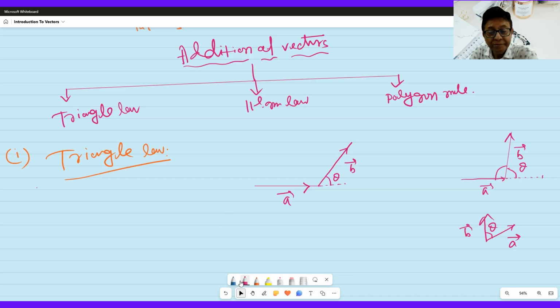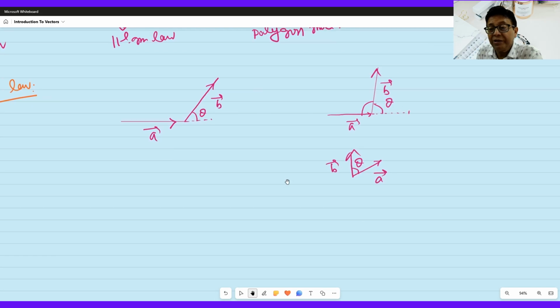Am I clear? So I'd like to take one more example here, because otherwise it can give you trouble. Two vectors are terminating at the same point. Then this is the angle between two vectors. So when two vectors are originating from the same point or terminating at the same point, then the angle between two vectors is easy to understand.